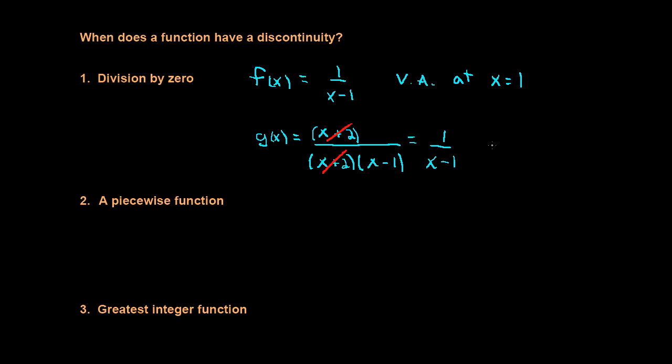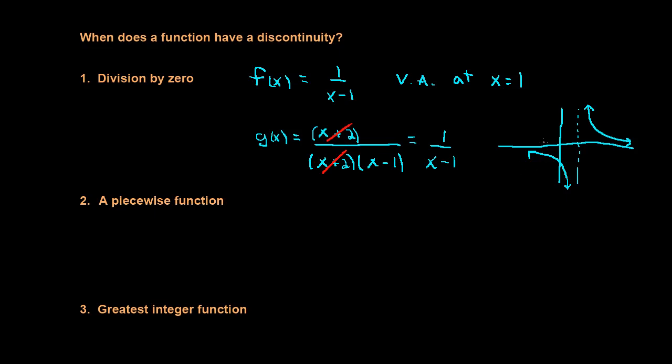So what's the difference between this and this? Well, it's effectively going to be the same graph, with the exception of one minor detail. We know we have an asymptote at 1, and we also know we're going to have a horizontal asymptote at 0. I won't go into the why of that right now, but trust me, there's a horizontal asymptote at 0. This right here is the graph of 1 over x minus 1. But we know that negative 2 is not in our domain, so what happens?